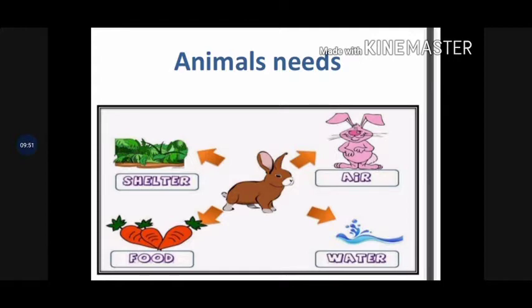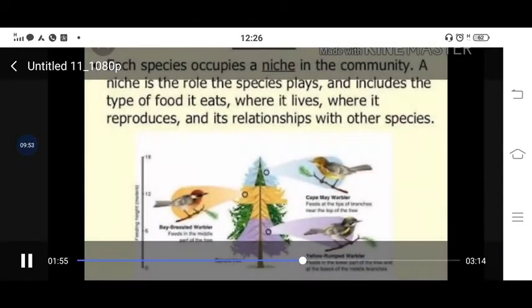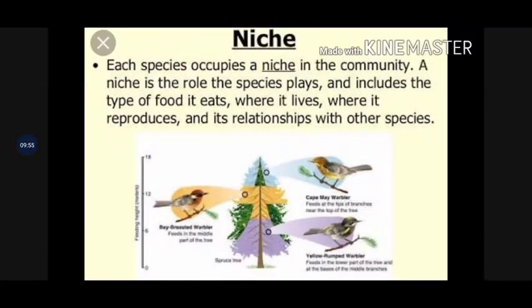These are the basic needs of any organism or any animal. So the area which provides all these needs is known as a niche. Each species occupies a niche in the community.